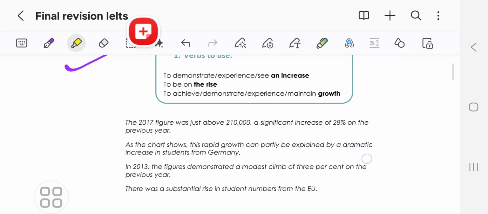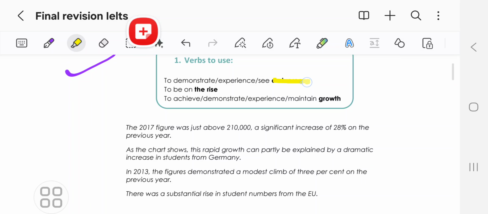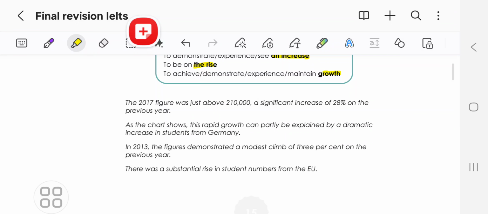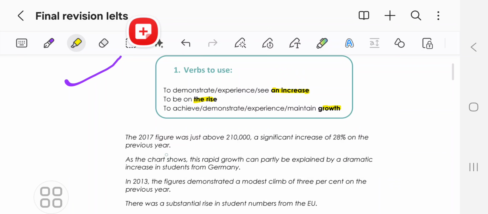And then the verbs to use to demonstrate an increase: increase, to be on the rise, grow. Let me give you an example that will help you remember. In 2017, figures were just above 210,000, a significant increase of 28% on the previous year. So we say significant increase. A rapid growth can partly be explained by the dramatic increase.